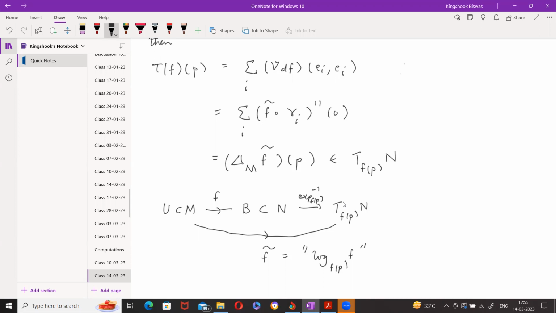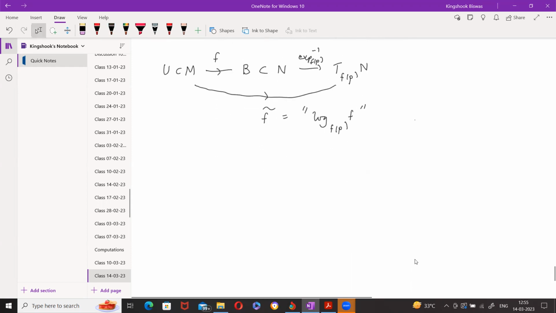Okay, so to finish, maybe I should just say a bit more about totally geodesic maps. Something I forgot to say. So here's a little proposition, which I'll just quickly, well, the proof is just a couple of lines.